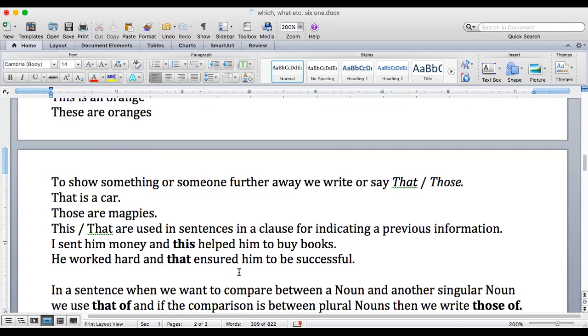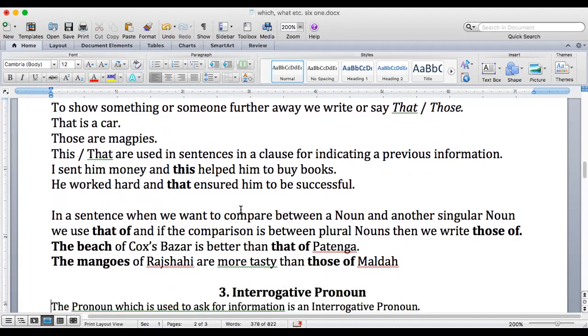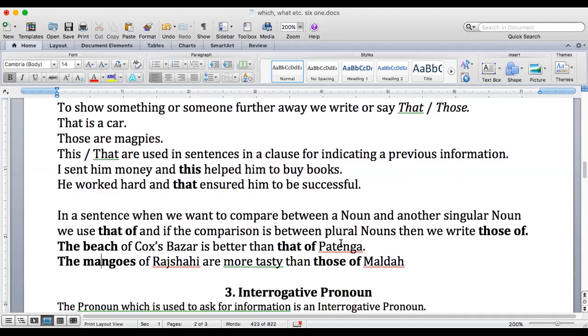All right. Now, next, in a sentence where we are comparing a singular noun with another singular noun, we use that of. And if the comparison is between plural nouns, then we write those of. Like the example: the beach of Cox's Bazar is better than that of Potenga. So there are two beaches. One is at Cox's Bazar, another is at Potenga.